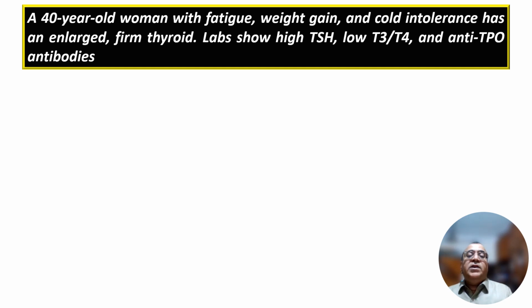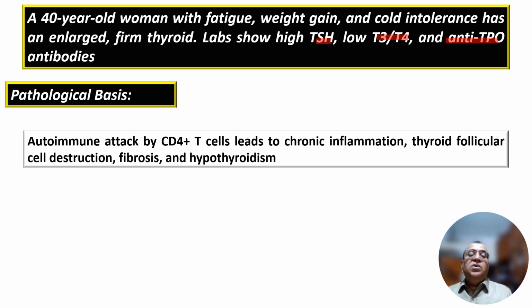Then a 40-year-old woman with fatigue, weight gain and cold intolerance has an enlarged firm thyroid. Lab tests show high TSH, low T3, T4 and anti-TPO antibodies. So what is the pathologic basis?